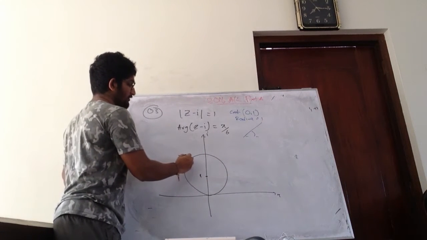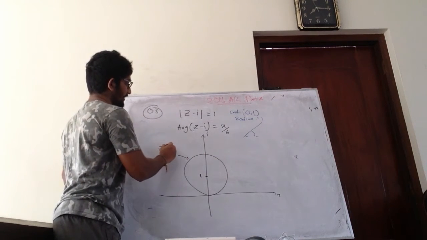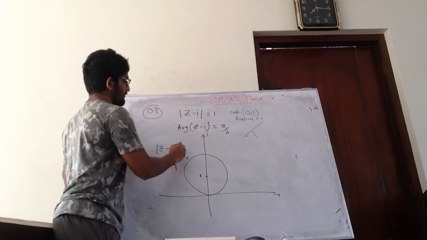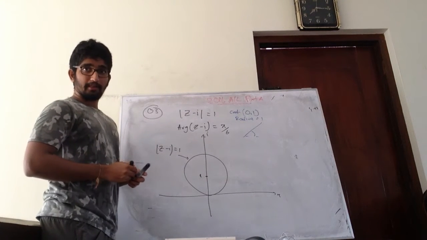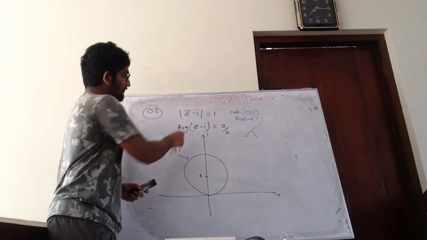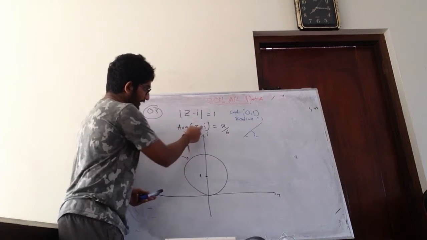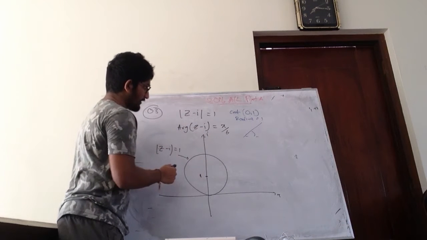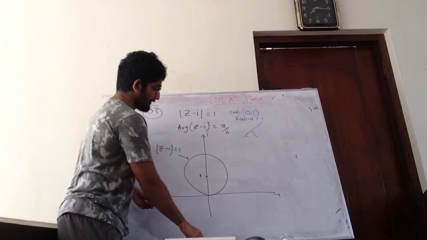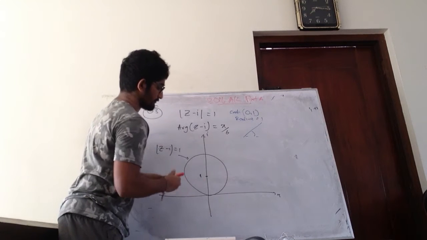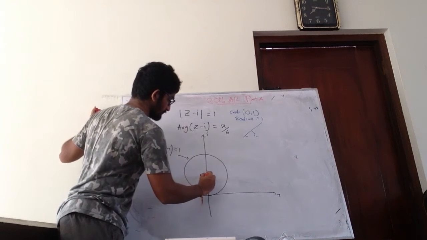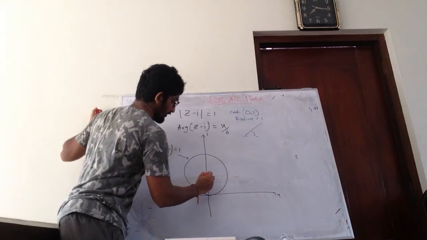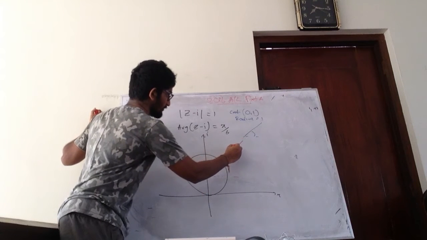So this is modulus of z minus i equals 1. Correct now? Then what is this? z minus i. That means here, there is a line which is 5 pi over 6.